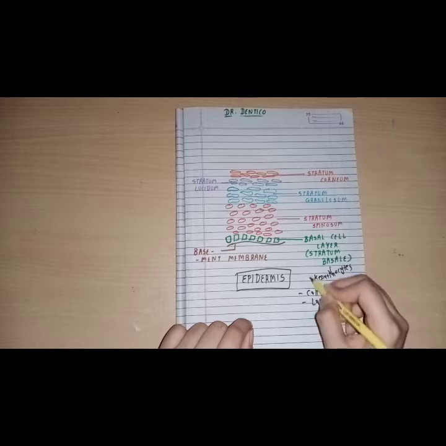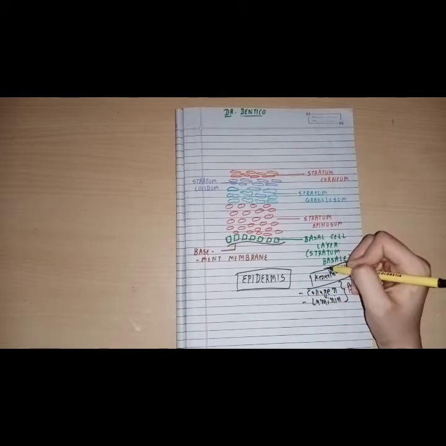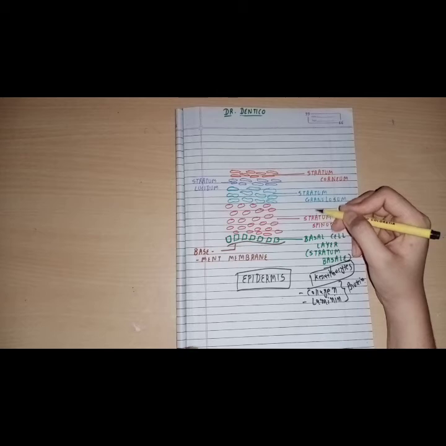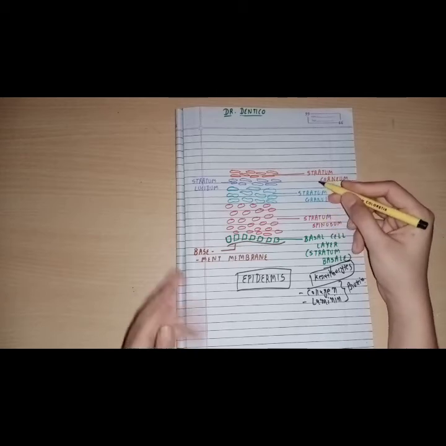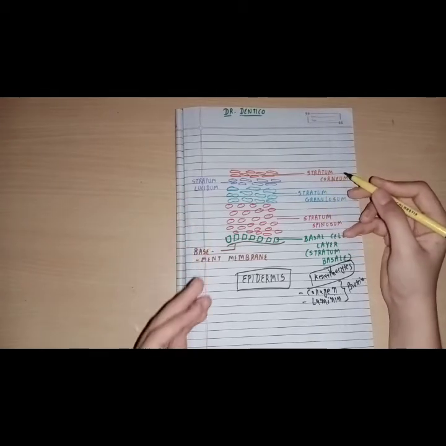These keratinocytes migrate to the stratum spinosum, then stratum granulosum, then stratum lucidum, and finally stratum corneum.